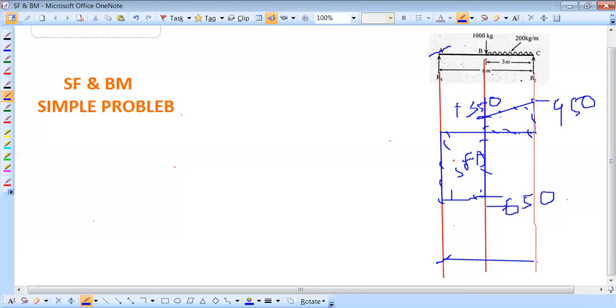Then here the value of the BM is 350. That means, because it is a UDL load, you must draw the curve line this way, not a straight line.